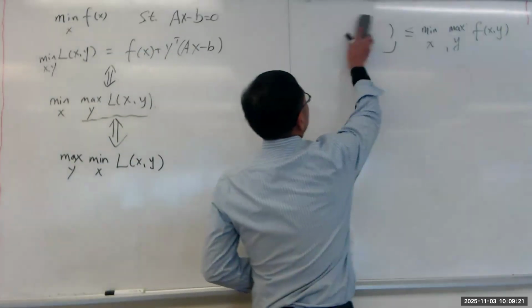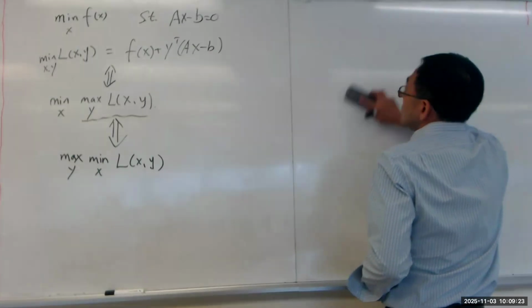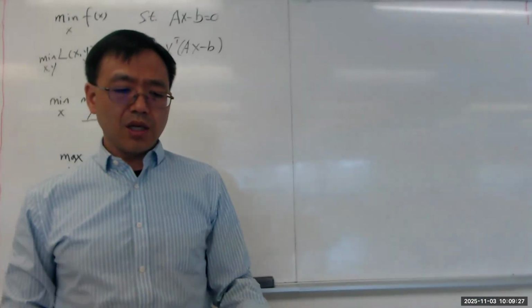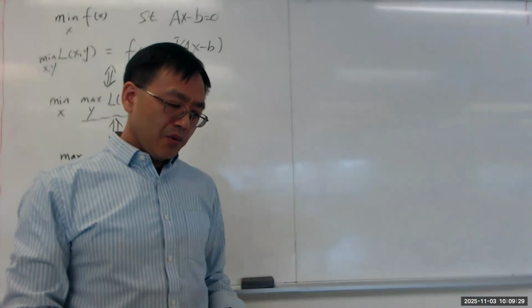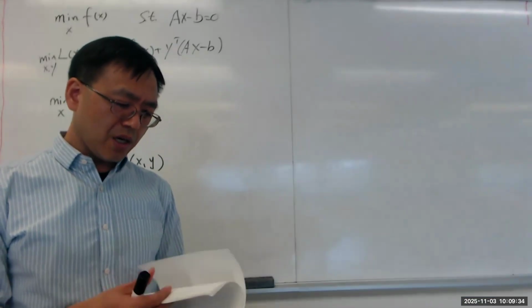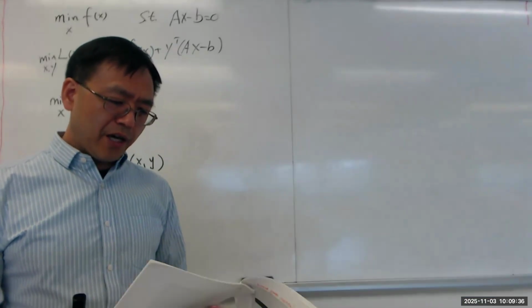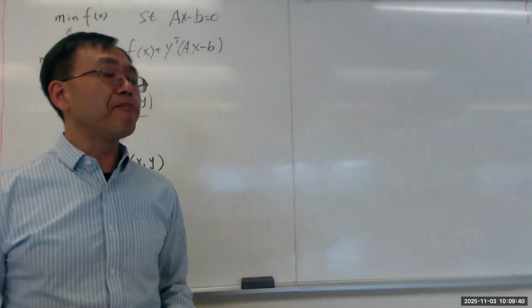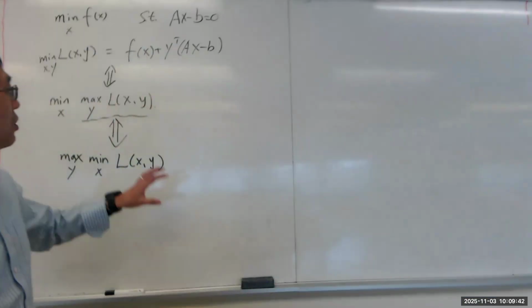Now let me give you, again, not a rigorous proof, because I find the proof is actually hard to follow, but I do find a very nice geometric interpretation to show the equivalence of these two.